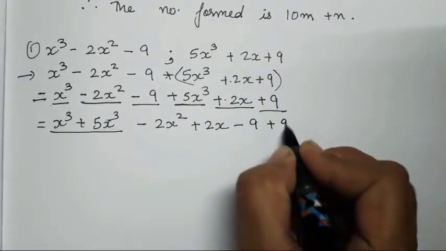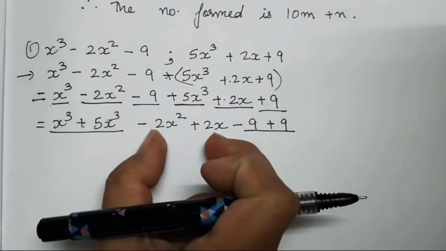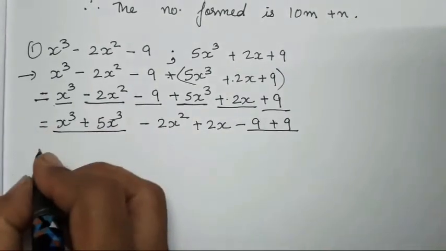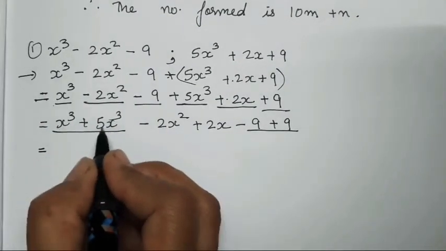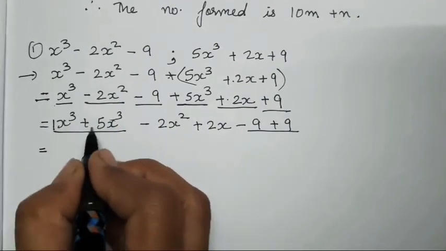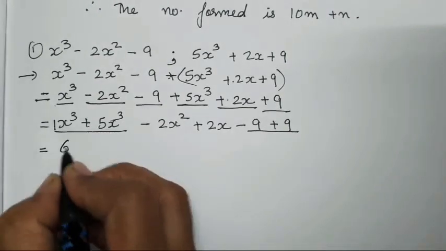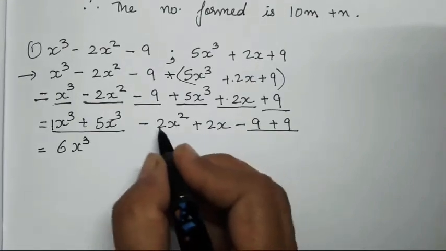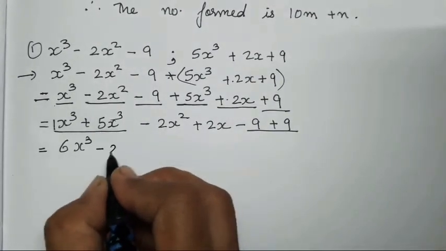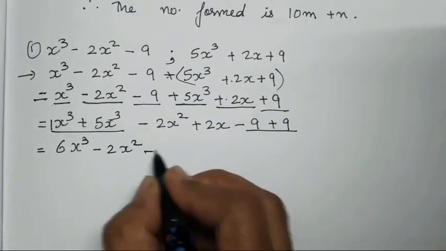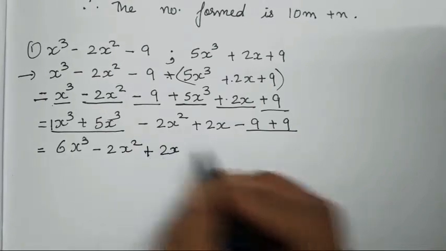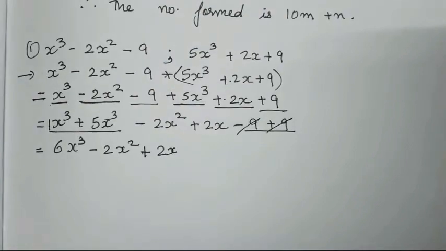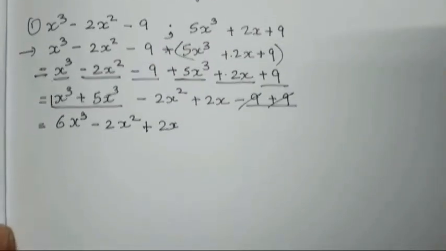These you don't have to underline because we don't need to solve them, but this we have to solve. That is why I have underlined it. So x means 1 is over here. 1 plus 5 is going to be 6. x cube and x cube will remain x cube only. This has no pair, so it will be the same. This also will remain the same. This you all can do orally also. Isn't it easy to solve?